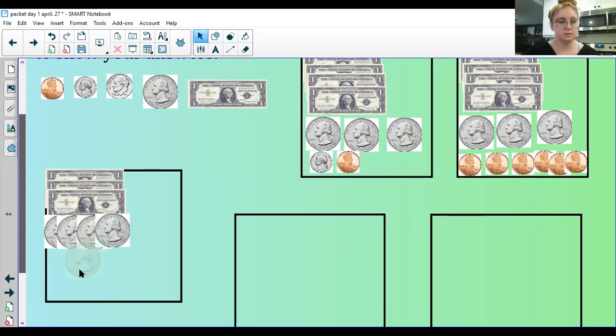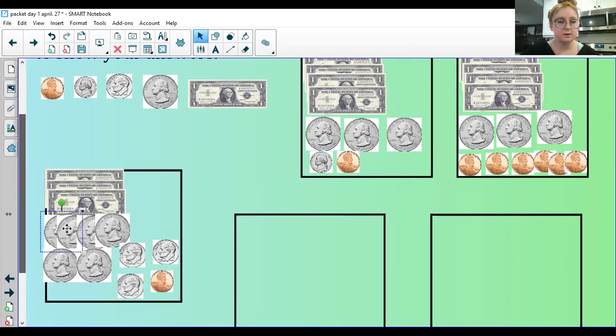Then I could do dimes: that's 450, 460, 470, I'm using dimes, 480, 481. So $3, $3.25, $3.50, $3.75, $4, $4.25, $4.50, $4.60, $4.70, $4.80, $4.81. That's a third way. There's a lot of ways you could do this.